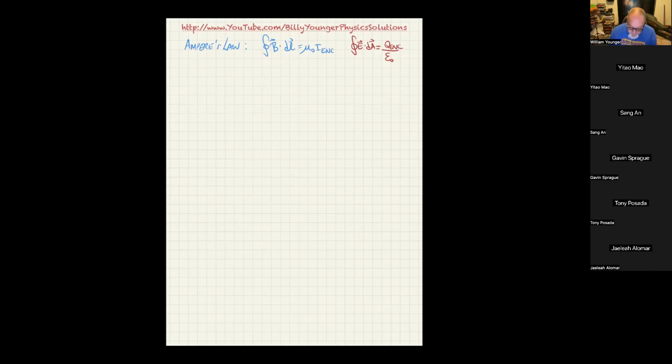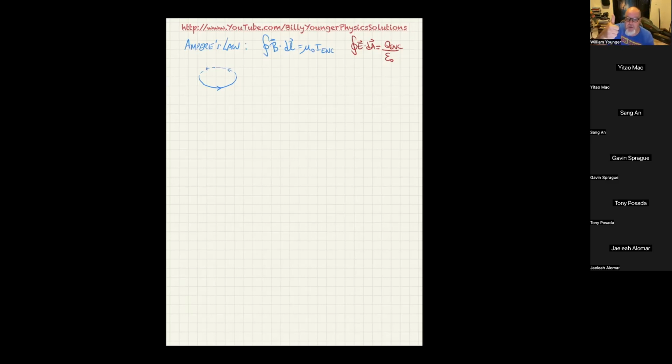For instance, if we imagine a loop like this, okay, so I'm drawing part of it looking kind of dashed, and that's supposed to be back behind my screen, and the solid part's supposed to be out in front of the screen. And for instance, if we do this line integral in this direction, as shown here, then what I want to do is take my right hand and curl my fingers in the direction that I'm integrating.